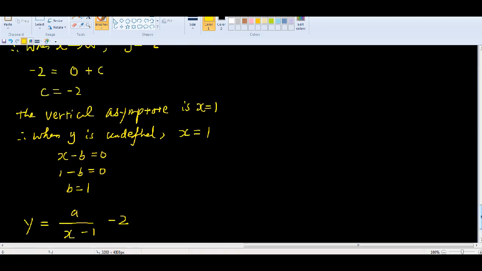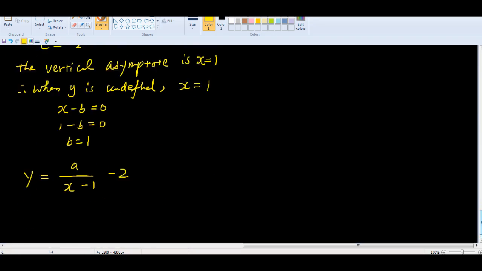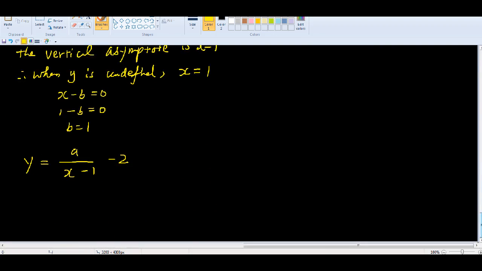Alright, so you've got this one. How could we do it? Because the point is 3, minus 3, just substitute the values into the equation.